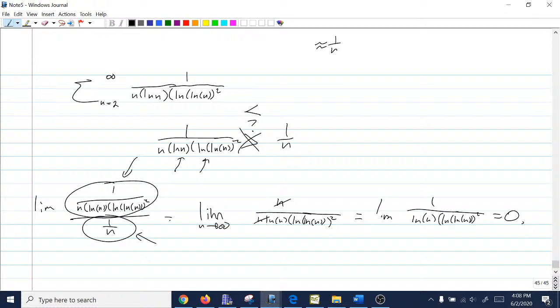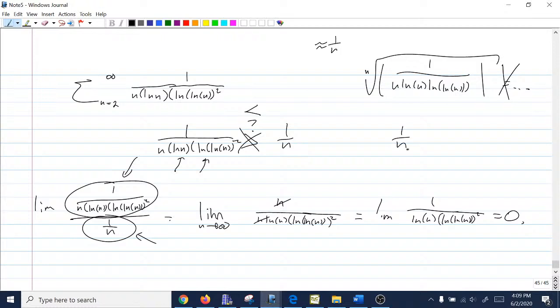What else could we try? I guess in theory I can use the root test, but thinking about the nth root of 1 over n log n, I don't think that's going to simplify. And even if it did simplify, the root test is something that works when the thing is basically geometrical, and this thing does not seem geometrical. 1 over n goes to infinity much slower than something that goes to infinity exponentially.